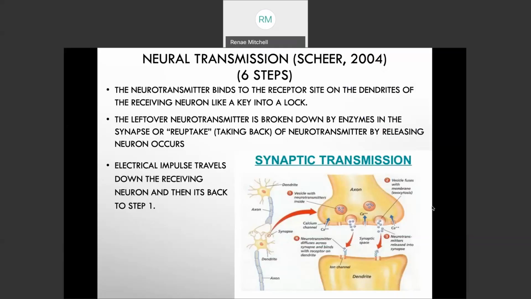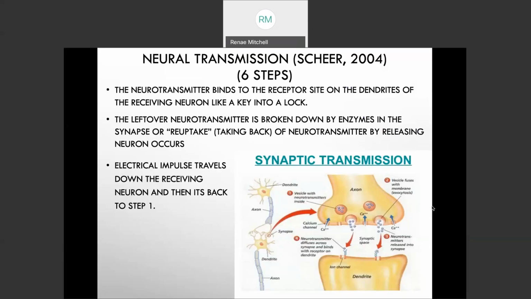Once those receptor sites are full of neurotransmitters, anything that's left over free floating in the synaptic gap is broken down, or it's taken back up into the axon terminal, which is called reuptake.